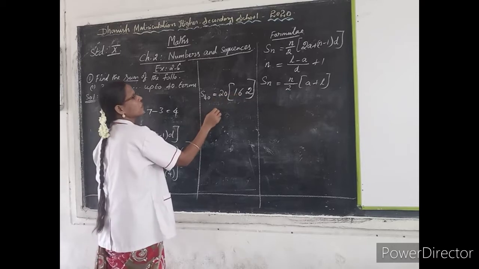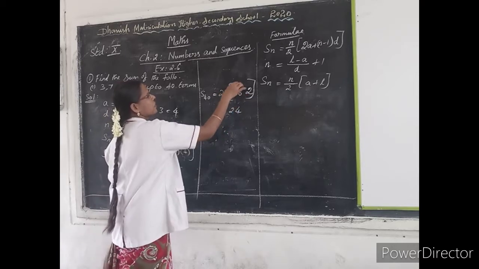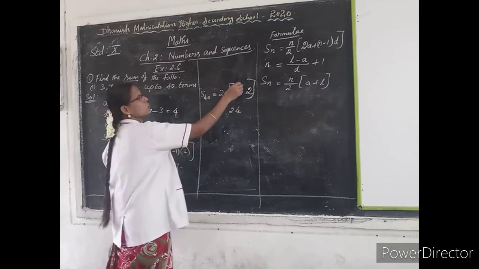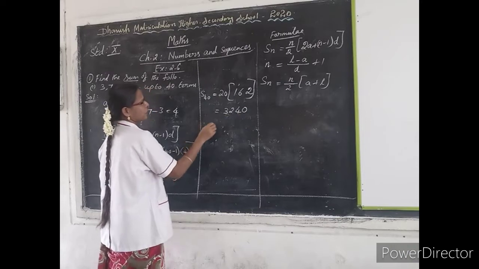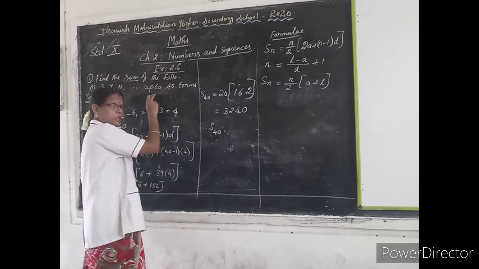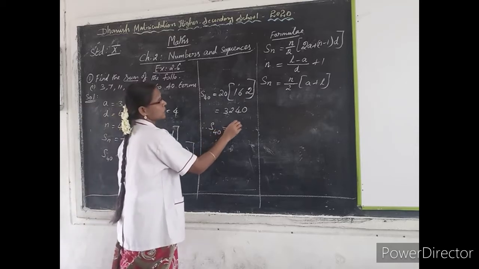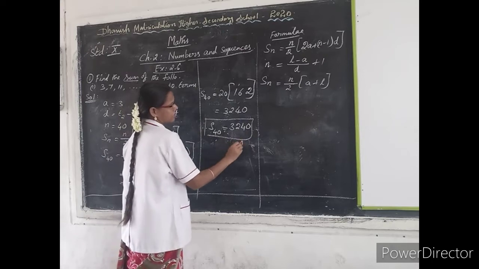So 20 into 162: 2 twos are 4, 2 sixes are 12, carry 1, 2 ones are 2, 2 plus 1 is 3, and a 0. Therefore, the sum of the first 40 terms of this given arithmetic sequence is 3240. This is your answer.